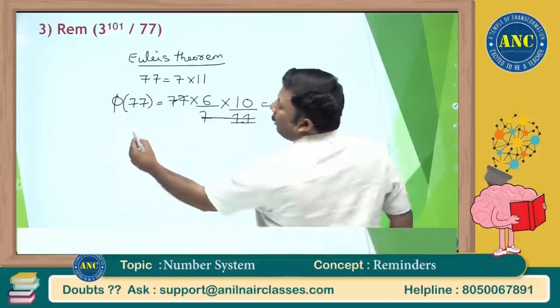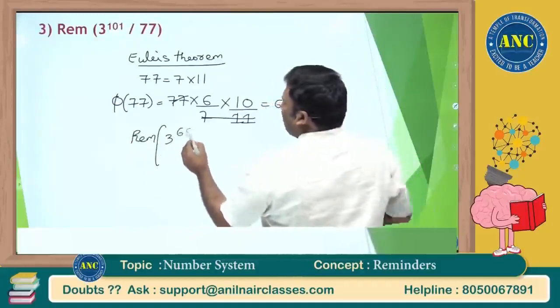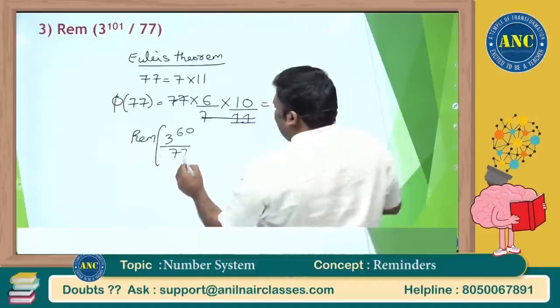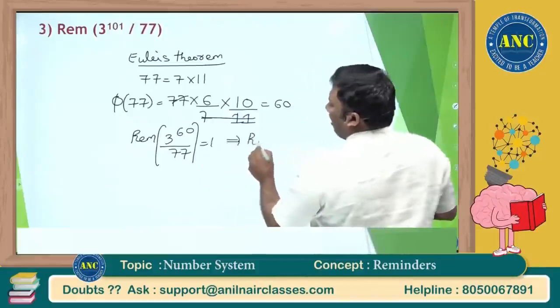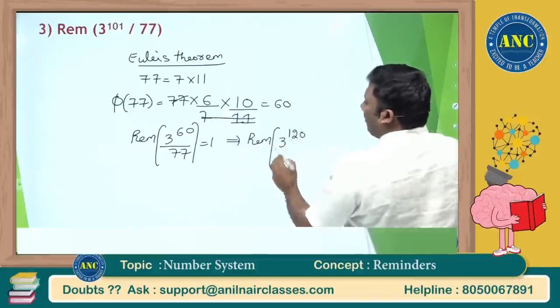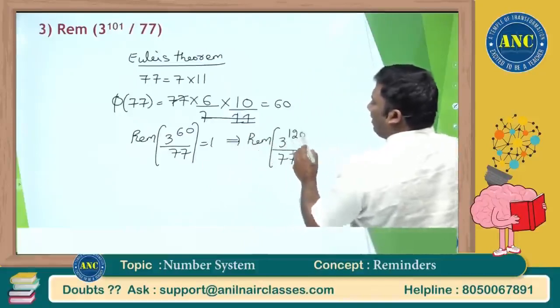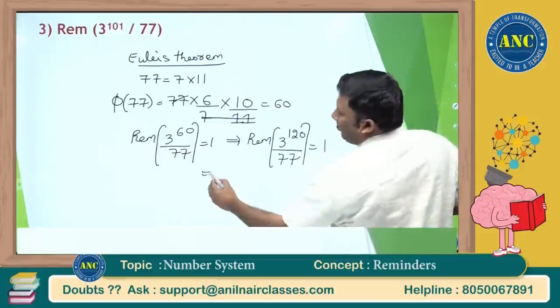So if I apply Euler's totient function, 3 power 60 divided by 77 gives remainder 1. Even for multiples of 60, 3 power 120 divided by 77 gives 1.